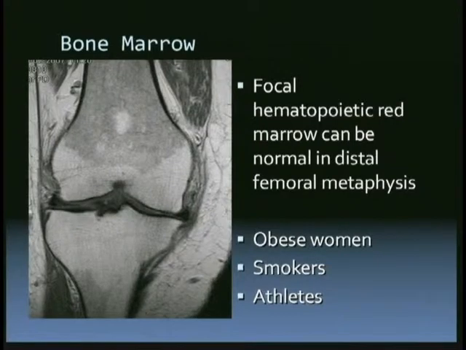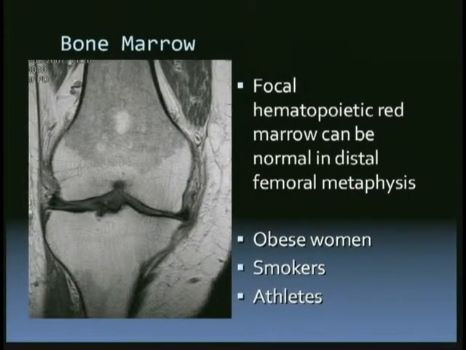The other exception to the rule is the presence of red marrow in the distal metaphysis. I said previously that in the adult pattern, only the proximal metaphysis has red marrow, but reading MRIs of the knee, we very commonly see some red marrow in the distal femur and even sometimes in the proximal tibia.